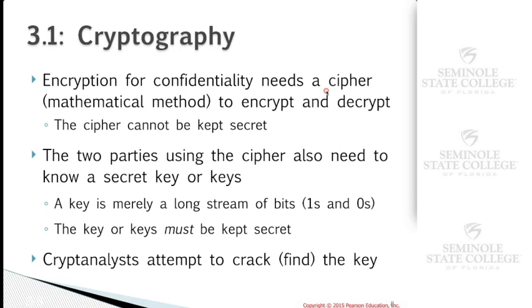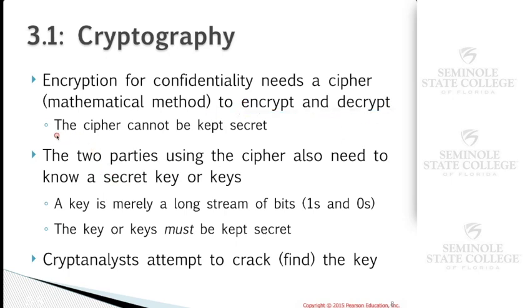Three very important terms. One is a cipher. Now remember, a cipher is a mathematical method. This is important for you to understand because we don't necessarily need to understand exactly what the mathematical model or method is doing. We just need to understand that a cipher is a mathematical tool that you're going to use to encrypt and decrypt, both encrypt and decrypt.